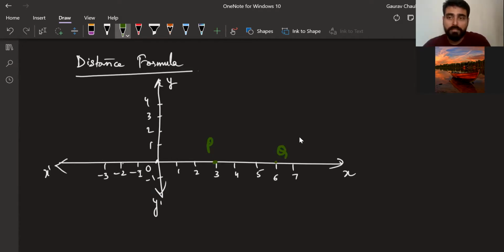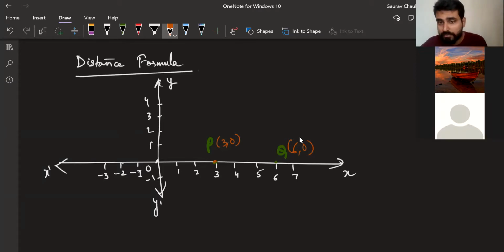The coordinates of point P will be 3, 0, right? If I draw a perpendicular to the x-axis, nothing is happening. It's 3 only here, and in the y-axis direction it is 0, so it doesn't go up anywhere. P is 3, 0, and Q is 6, 0. Now, Hemanji, can you tell me what's the distance between P and Q? What's the distance between the points P and Q? Sir, 4 units. Are you sure? 4 units? How did you find that?